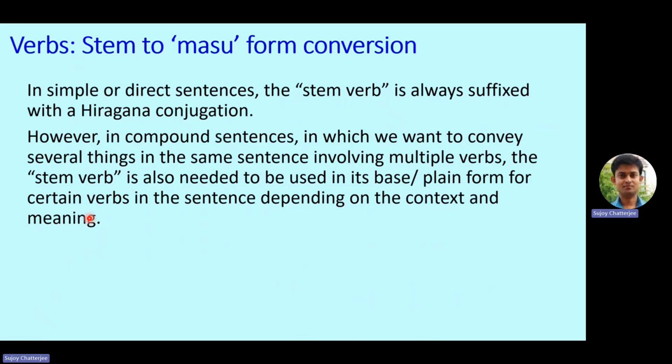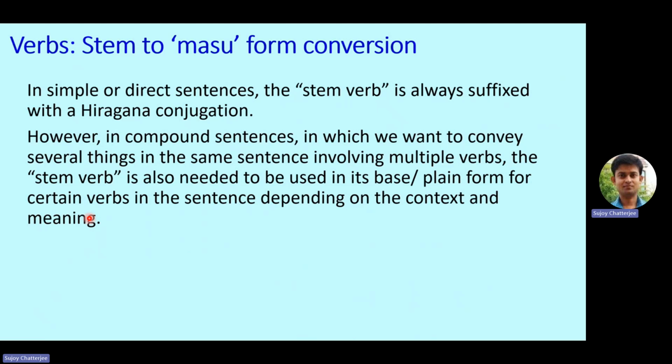So mimas and ikimas, two verbs are there. But the problem is that we cannot use two mas forms of two verbs in the same sentence. So that will again be governed by certain rules.